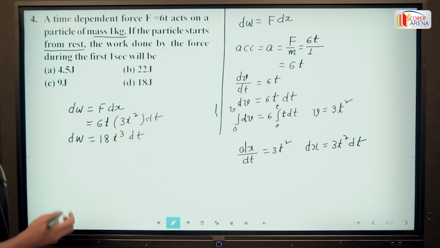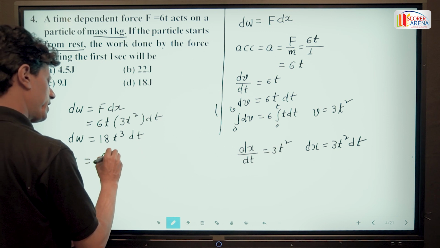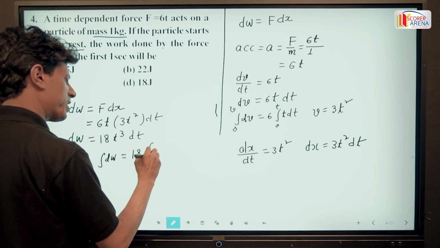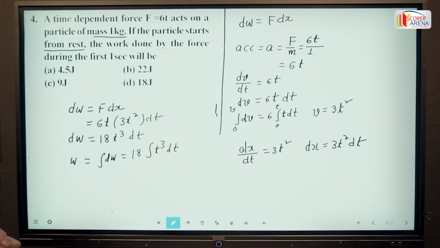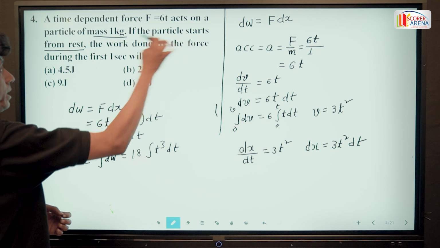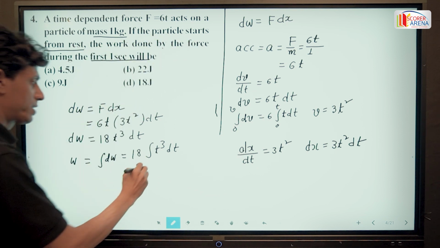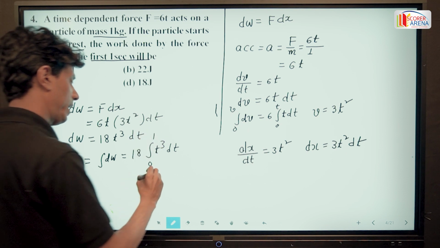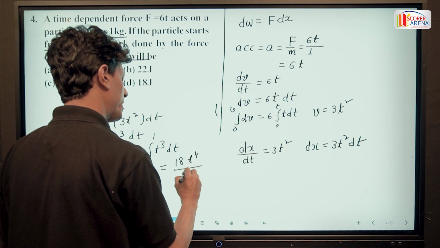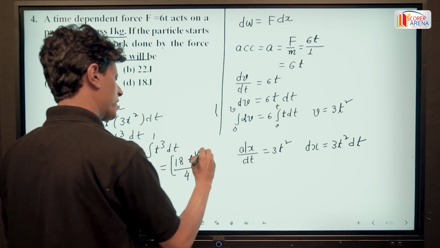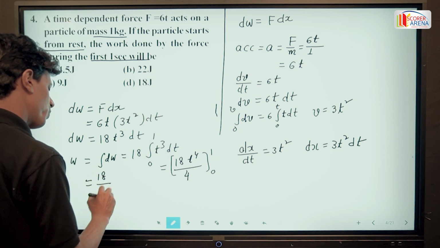So total work done W equal to integral of dW is equal to 18 integral of t cube dt, and the time limit given in the problem, the work done by the force during the first 1 second, so therefore we can say 0 to 1. And after integration it is 18 times t to the power 4 by 4 over 0 to 1, so therefore it is 18 by 4 joule.